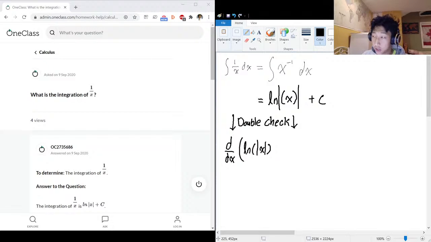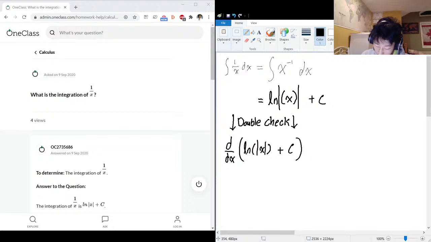I suppose in this particular case, the absolute value being on the inside or outside does not particularly matter. So we know that by definition, the derivative of natural logarithm is 1 divided by what's inside, and then multiply that by the derivative of what's inside through the chain rule.